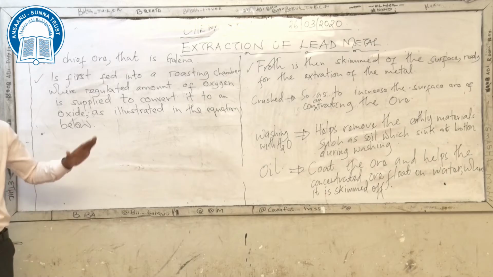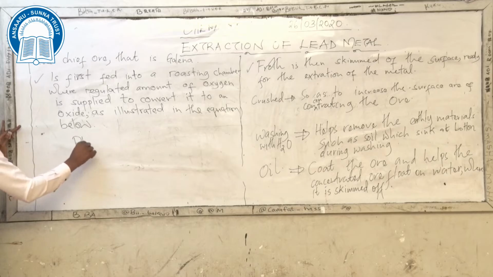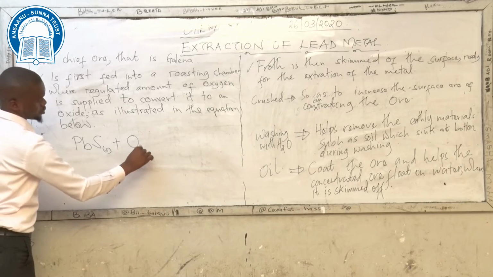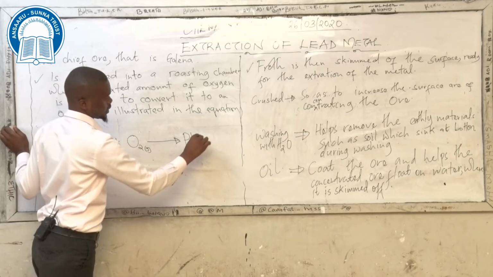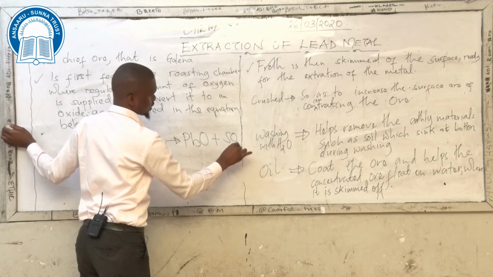So we are seeing after the concentration, the ore is taken to the roasting chamber. In the roasting chamber, the galena, which is mainly lead(II) sulfide, is converted to an oxide. We have PbS solid plus oxygen forming lead oxide plus sulfur(IV) oxide gas.